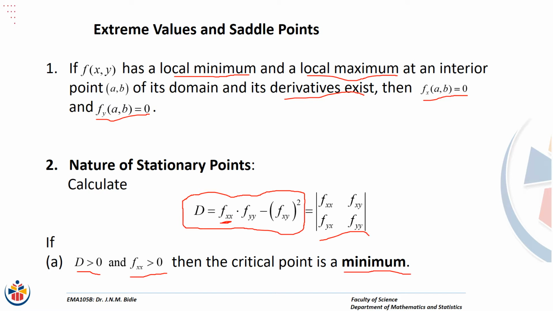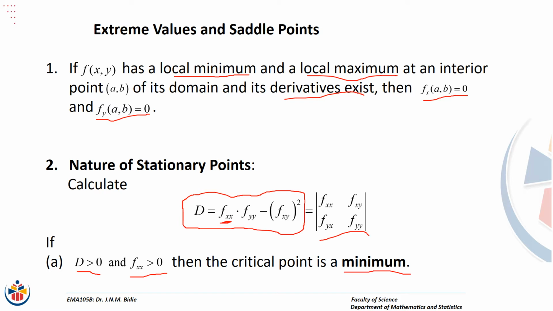So once again, if D, which is the determinant of that matrix, is positive and fxx, that is the second derivative, is also positive, that means that stationary point is a minimum.